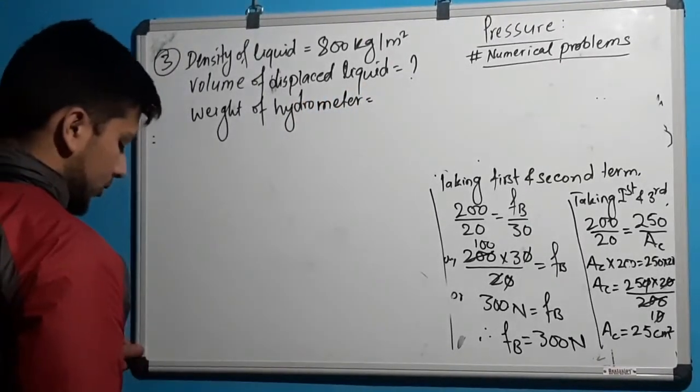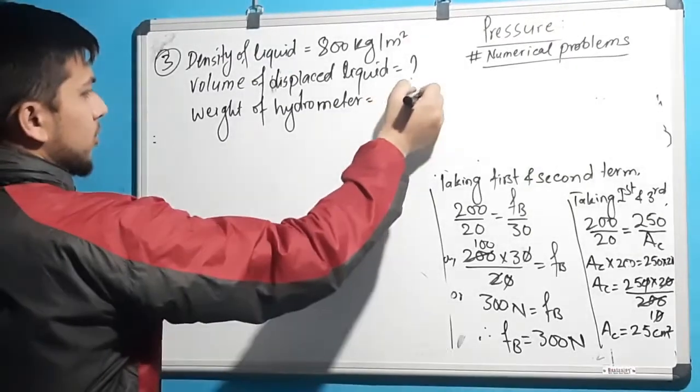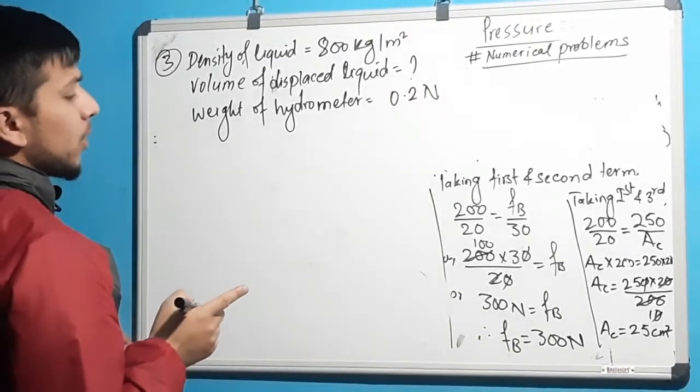Weight of hydrometer equal to 0.2 Newton. There is no mass, so you don't have to forget.